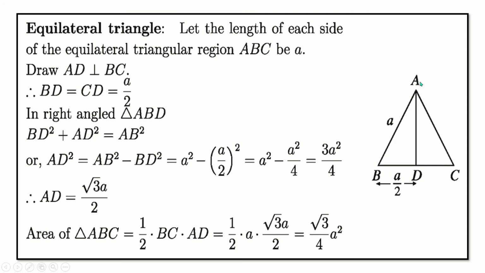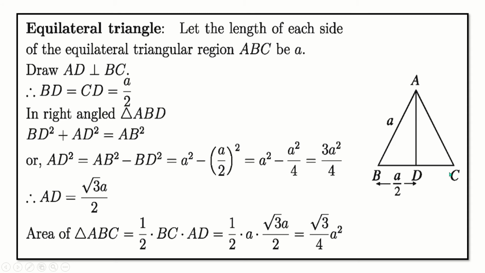As this is an equilateral triangle, when we draw a perpendicular from any vertex to its opposite side, the foot point divides the side into two equal parts. So BD equals CD.